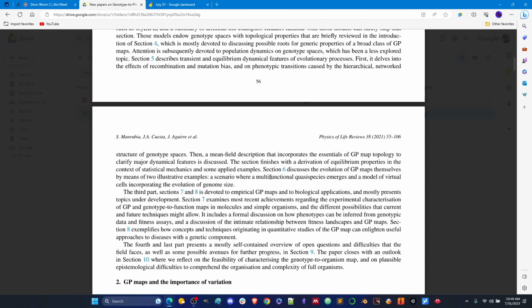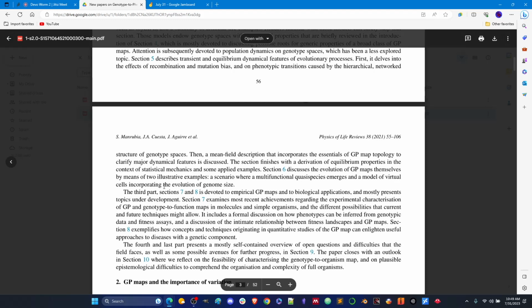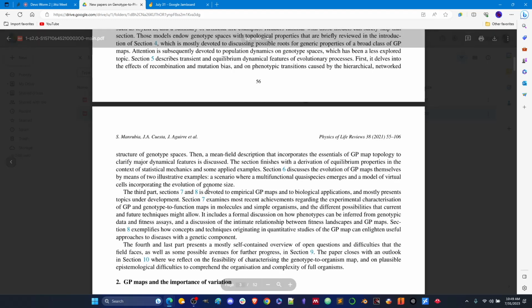One is a scenario where a multifunctional quasi-species emerges, which is evolutionary dynamics jargon, and I can't quite remember what a quasi-species is, but I think it's like a class of something. And then a model of virtual cells incorporating the evolution of genome size. So this is another model of the phenotype from a genotype.